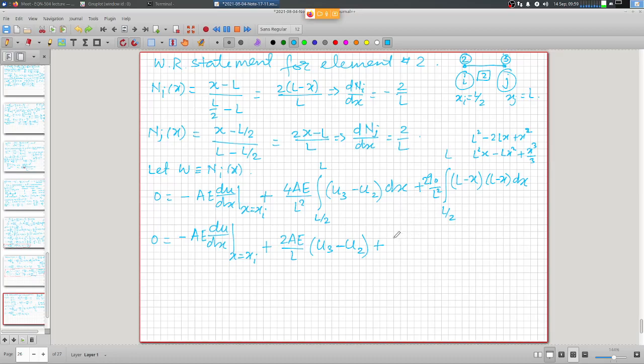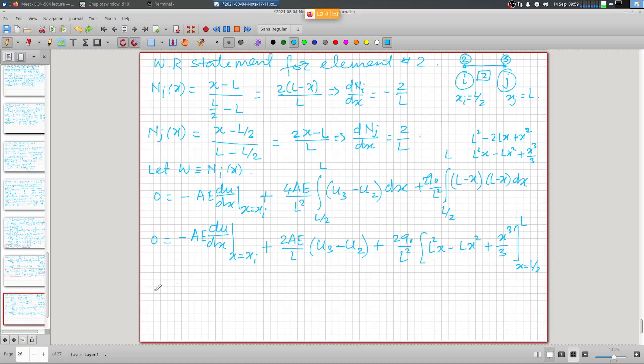So this is equal to twice q naught by L squared multiplied by L squared x minus Lx squared plus x cubed by 3 between x equal to L by 2 to L.